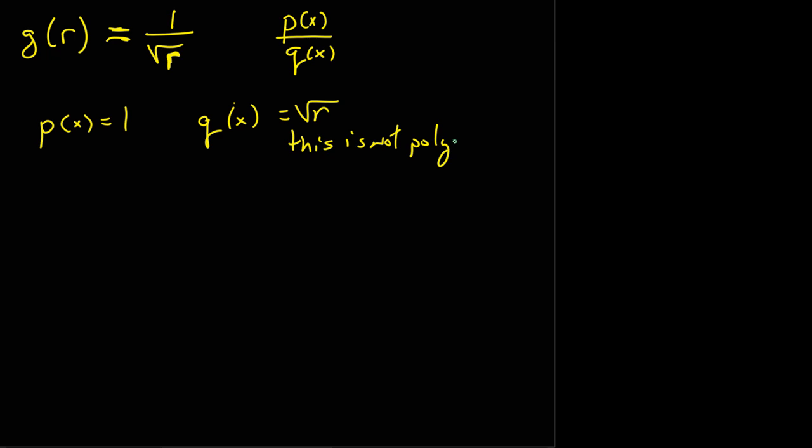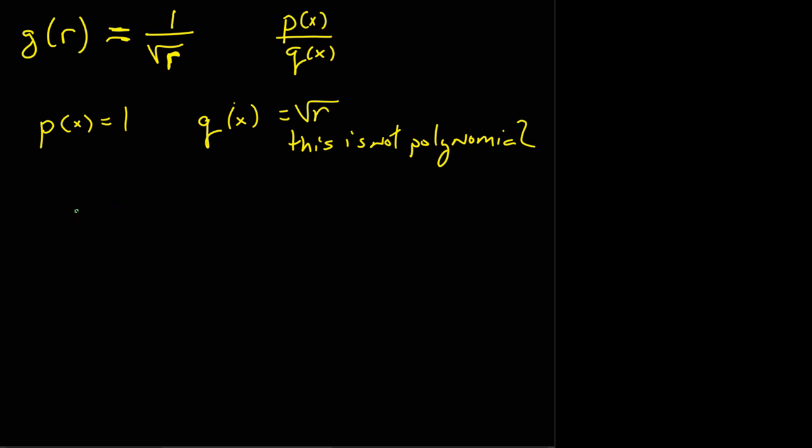But the square root of r is not a polynomial. So we cannot say this is a rational function. Our definition of rational function is we need the division of two polynomial functions. And so this isn't going to have the behavior we're going to be talking about with rational functions. So there's a limit of what behavior we can get out of this.